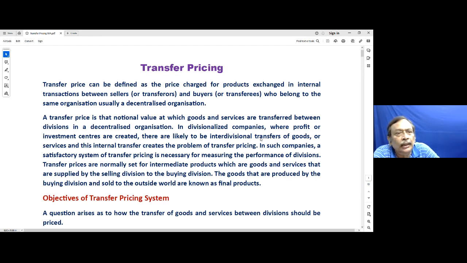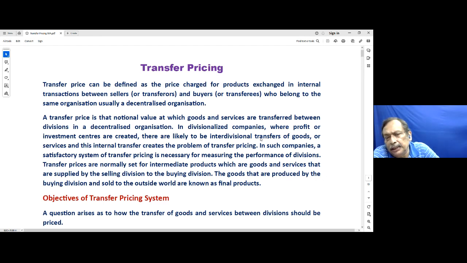That is, transferor division A's profit will be maximum, transferee division B's profit will be maximum, and there will be overall profit maximization of the company as a whole.